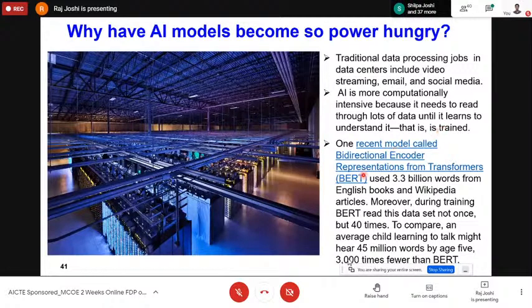So one recent model called Bidirectional Encoder Representations from Transformers, okay, I'm just quoting here, used 3.3 billion words from English books and Wikipedia. Moreover, during training, this BERT read this data not at once, but 40 times.